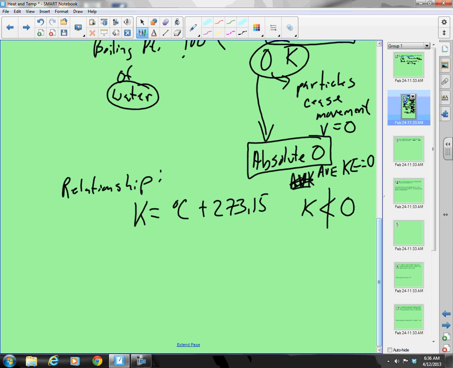The lowest Kelvin can be is 0. Good. So when we look at the freezing point of water, it is 0 degrees Celsius, so add 273, and it's 273.15 Kelvin. What is the boiling point of water?